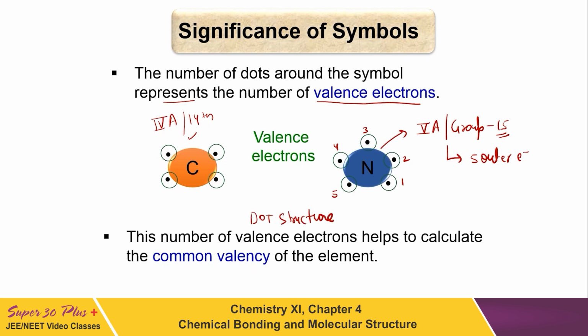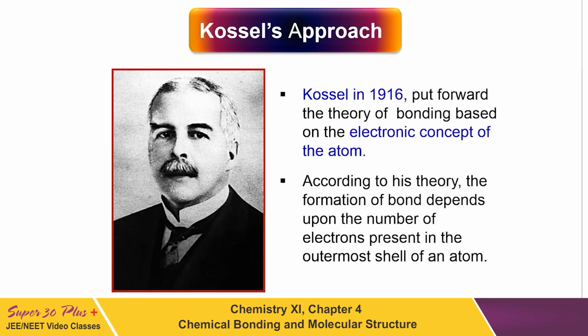And this is how, by calculating the number of valence electrons, it helps us to calculate the common valency of any element. Suppose you want to know which element will have which kind of valency, then you have to draw the valence electrons.